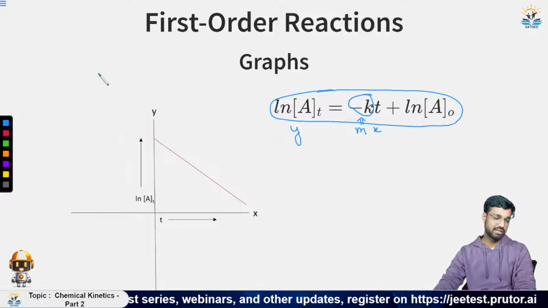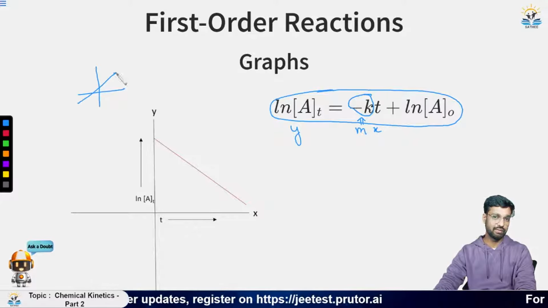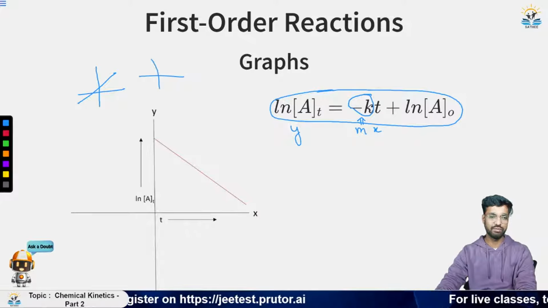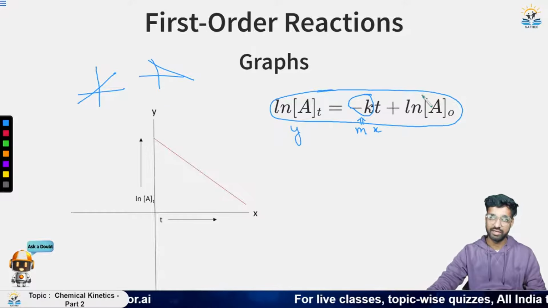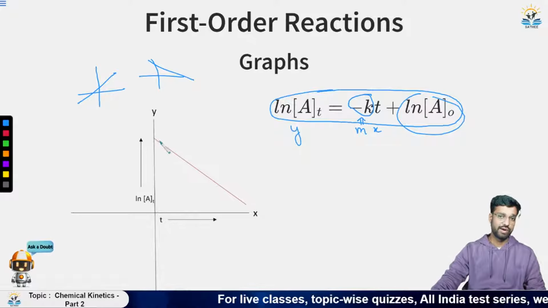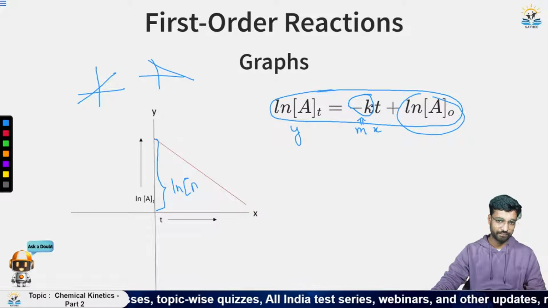So the thing I'm mentioning here mainly is that if we have a positive slope, it will be like this. It will be a negative slope, and it will be like this. And the intercept is the same, that is ln A naught. So whatever the value of this intercept is, that will be the value of ln A naught.